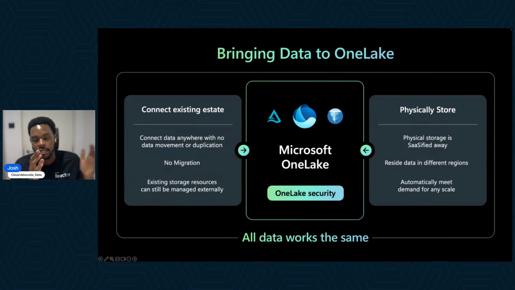All of the data that comes into OneLake has the same controls for governance and security, whether you're connecting to an existing estate or building your estate directly inside of Microsoft Fabric.